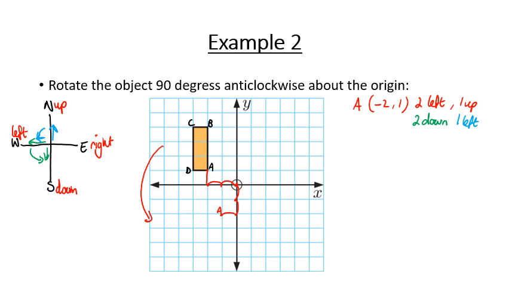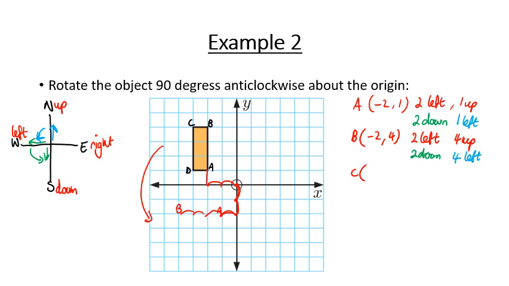If I do the same thing with B, B is -2, 4. So this is 2 left and 4 up, which means that I now need to go 2 down and I need to go 4 left. So if I go 2 down starting from origin, because that's where we're rotating from, 2 down and 4 left, I end up with my B there.